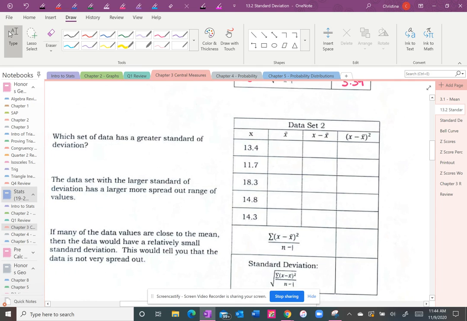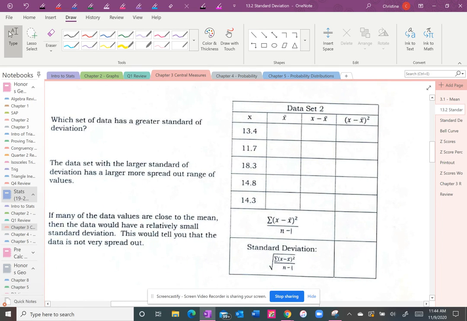All right, so I'm just going to practice again. First thing I do, find the average of the data. Okay, first I'm going to find the average of the data. So let's add up all these numbers. 13.4 plus 11.7 plus 18.3 plus 14.8 plus 14.3, you should have gotten 72.5.